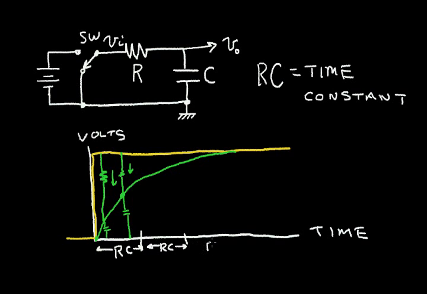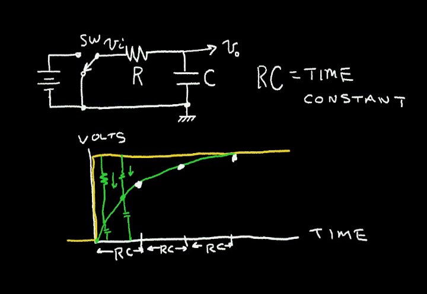And again, if we take another chunk of time here, this would be another RC. So at this point the circuit has charged up 3 time constants. At this point it has charged up 2 time constants. At this point it has charged up 1 time constant.